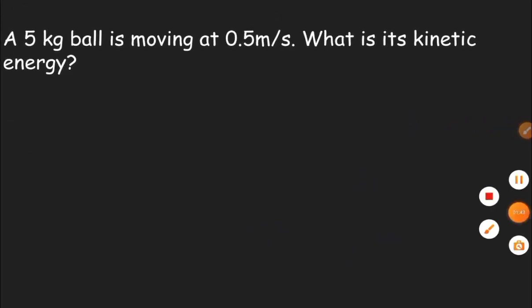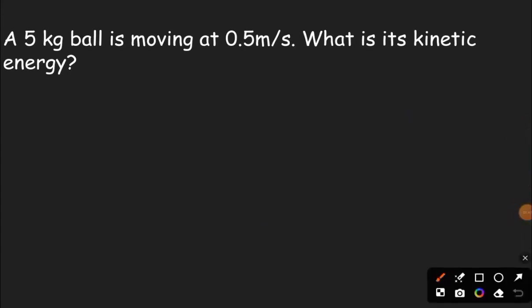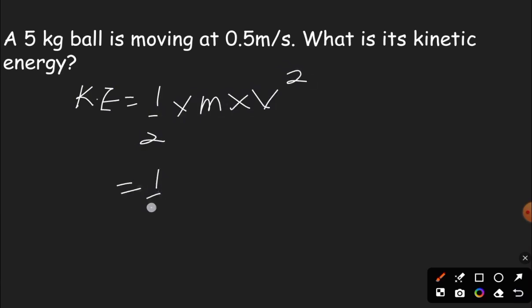So you can try this one. You can pause the video, try it, and then get back to the video. A 5 kilogram ball is moving at 0.5 meters per second. What is its kinetic energy? So kinetic energy equals half times mass times velocity squared. So half times the mass, which is 5, multiplied by the velocity, 0.5 squared.